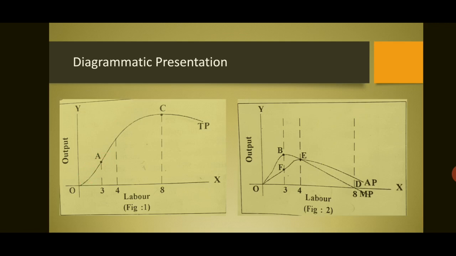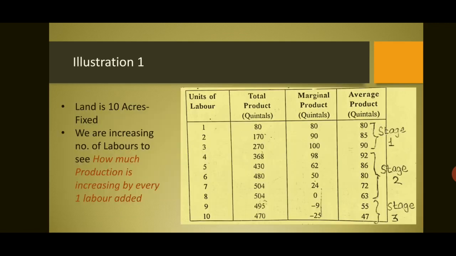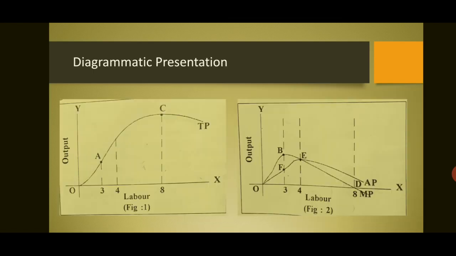Then when labor is 3, we got a maximum marginal product, that is maximum production per labor added. So at this point our marginal production is maximum.